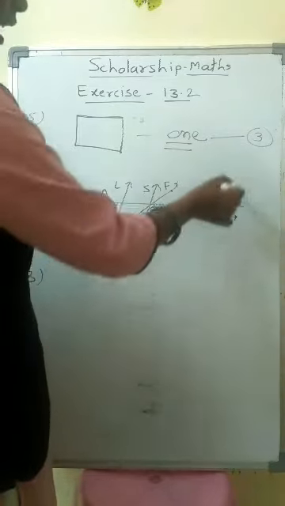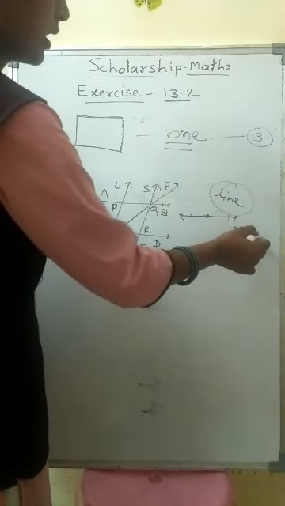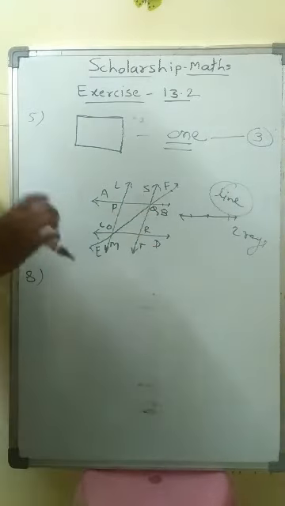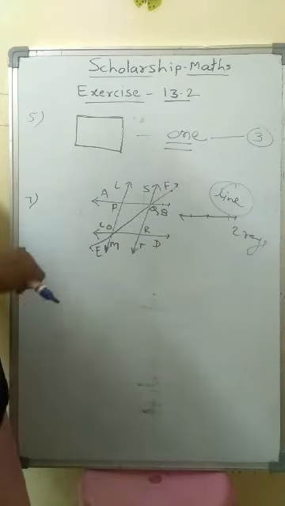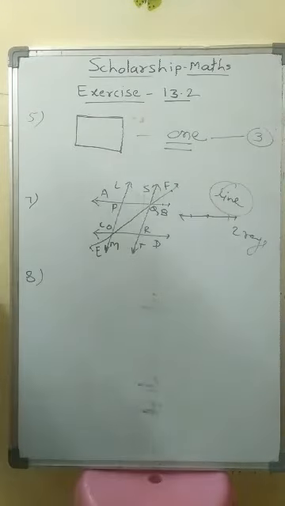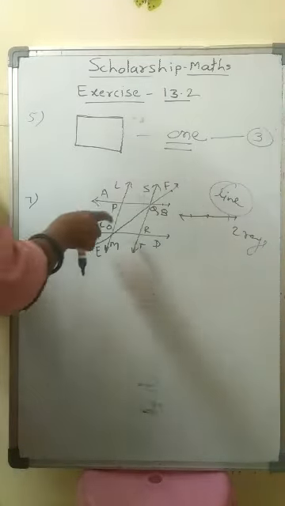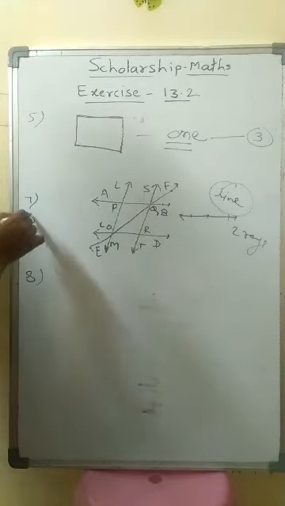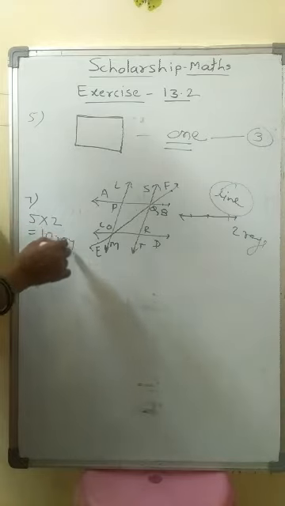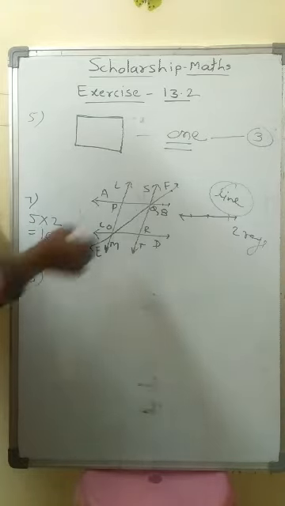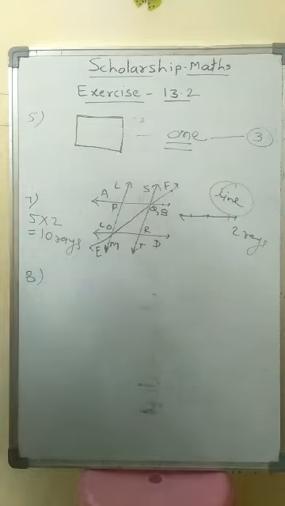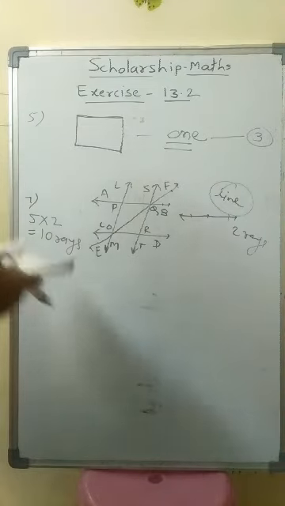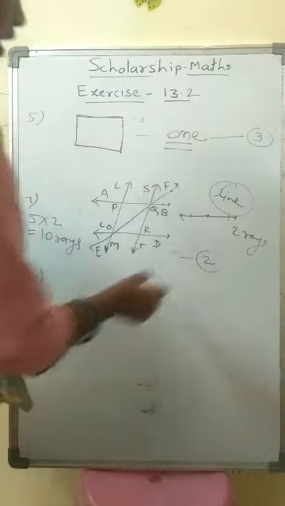It means that in one line there are two rays formed. Count the number of lines first: 1, 2, 3, 4, 5. So 5 lines multiplied by 2 is 10 rays formed by those 5 lines. So option number second is the answer.